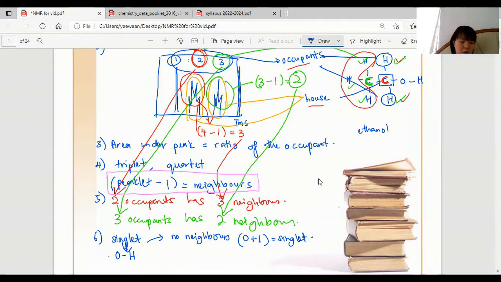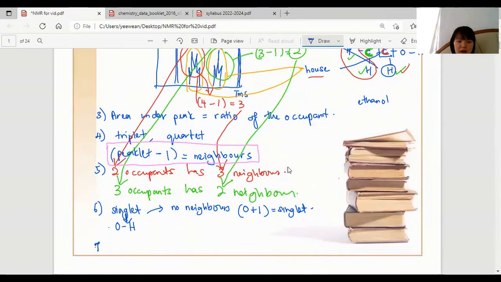How do I verify whether it has no neighbor or is really an OH? You can prove that it's an OH if you take your sample out of the NMR instrument and shake the solution with D2O. What's D2O? D2O is heavy water, made with the isotope of hydrogen. If we shake that with D2O and put it back into the instrument and run the spectrum again, you will get another spectrum where that singlet disappeared.